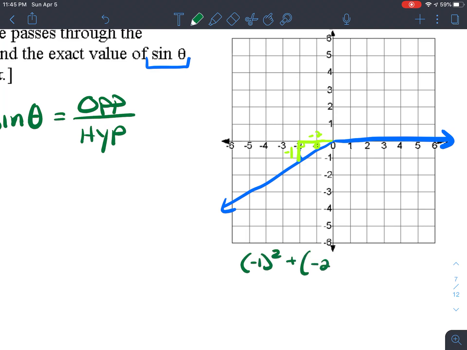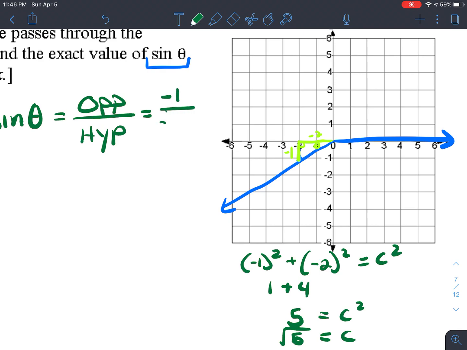So negative 1 squared plus negative 2 squared is equal to c squared. That's 1 plus 4. 5 is equal to c squared. So c is equal to radical 5. Okay? So my sine is going to be equal to my opposite, which is negative 1, over my hypotenuse, which is radical 5. If I want to make sure it's in the most precise format, I rationalize.